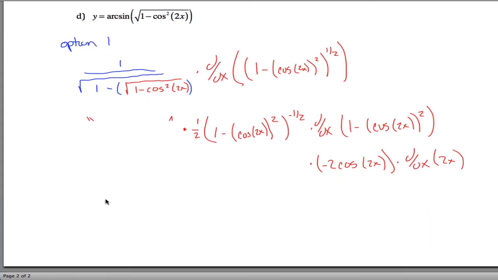So what we get for our final answer, maybe I should put in some symbols, just showing that I'm too lazy to copy this all down.